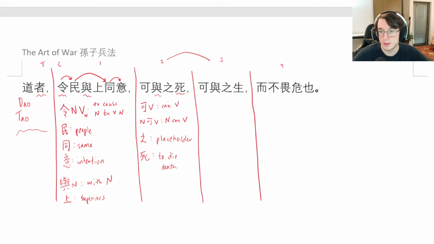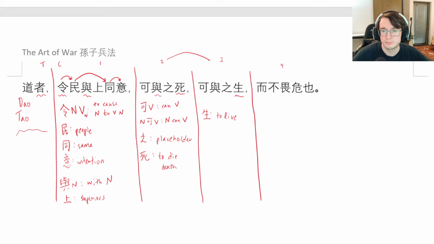Over here quickly, the only thing that's different about this second phrase is the last character, 生, which means to live in this case. It can also mean something like to be born or alive. So here we have something that, we're not told, something can with something die. Something again can with something live.